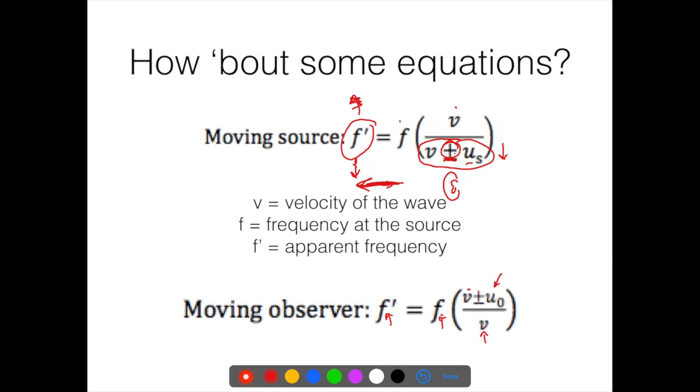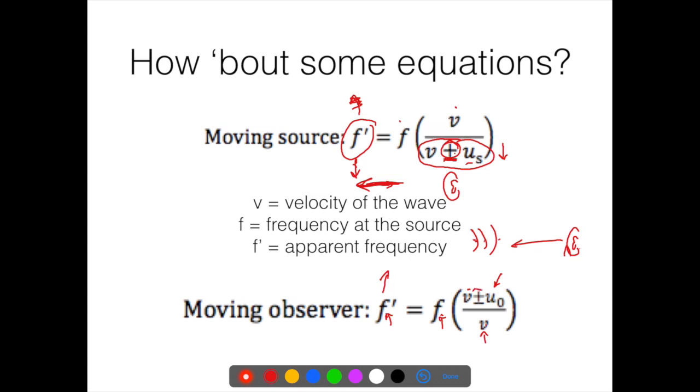So now we've got this guy right here, which is a moving observer. Again, you want to recognize, let's stick with our convention, here's the observer, he's hearing. If he is moving towards the source, then we expect a higher frequency, because if he's moving towards it, he's going to hit those wave fronts more often.